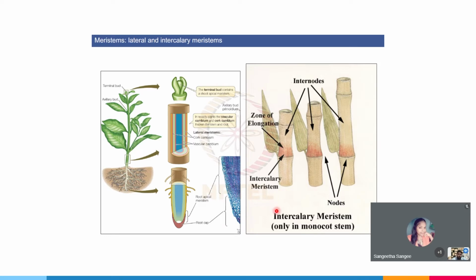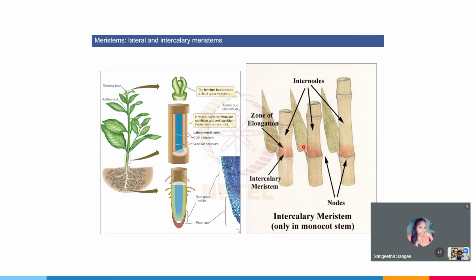On the other hand, we have intercalary meristems, which are present only in monocot stems, at the boundaries of, say, plants which have these internodes. So they are only present at the boundaries of these nodes, and only these meristems help in elongation of the entire length of the stem. They proliferate and produce more tissues, and this helps in elongation along this part only.